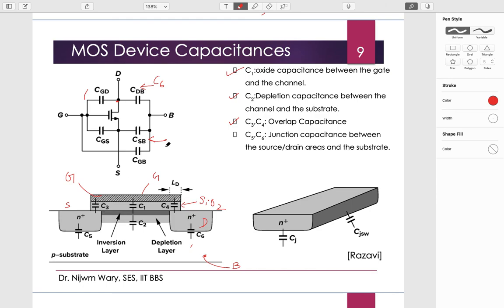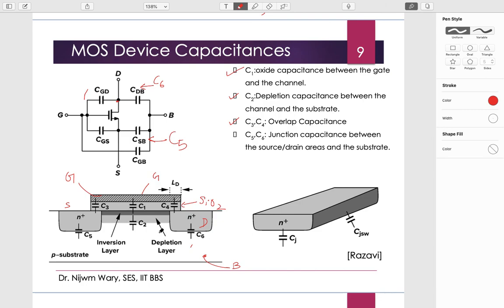This is the depletion capacitance, because between the source and the bulk there will be a capacitance. And of course, there will also be capacitance between the gate and the bulk, because you can see there is some kind of flat formation. So there can be a situation where there will be a capacitance between the gate and the bulk.